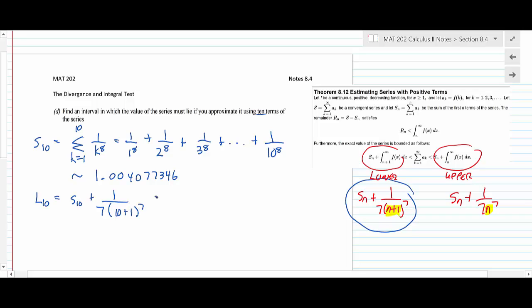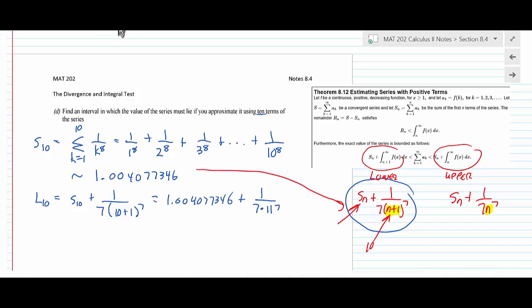We already got S of 10; we calculated it as 1.004077346. Then we could do plus 1 over 7 times 11 to the 7th. Again, what I'm doing is just plugging in n equals 10 there, and we already got the partial sum right there.